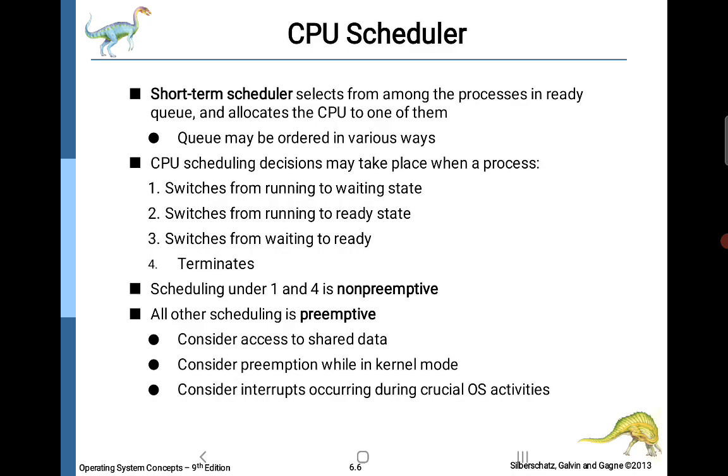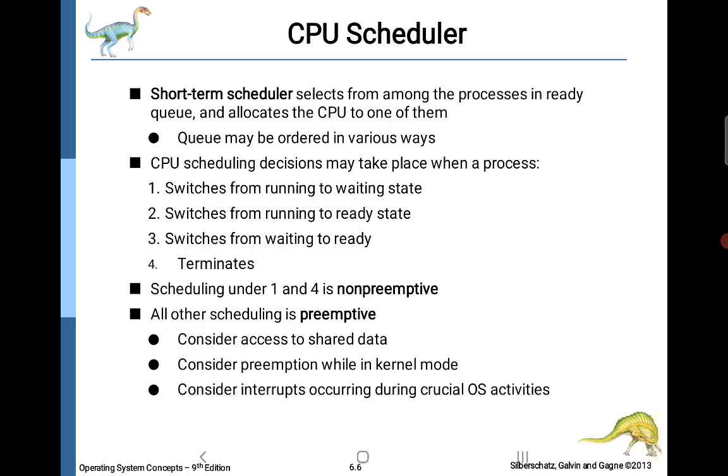In this case, we are talking about a non-preemptive scheduling algorithm that will not force a process out of the CPU unless it does not need the CPU at this time.